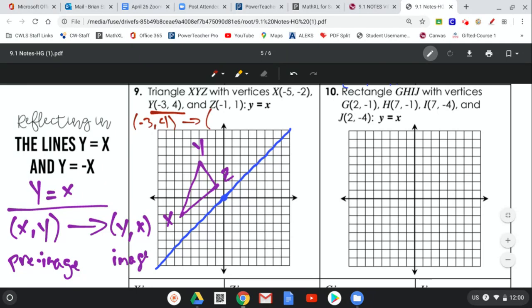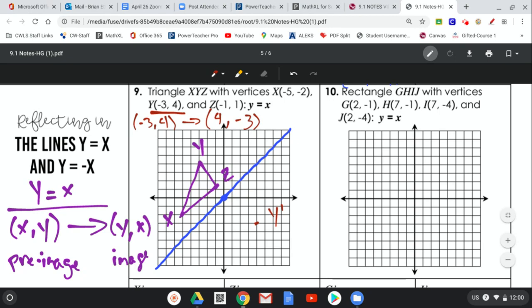So 4 was the y coordinate, 4 now becomes the x coordinate. -3 was the x coordinate, so now it becomes the y coordinate. So if we plot this point now and go to 4, -3, that is going to be the coordinate for our y prime value.